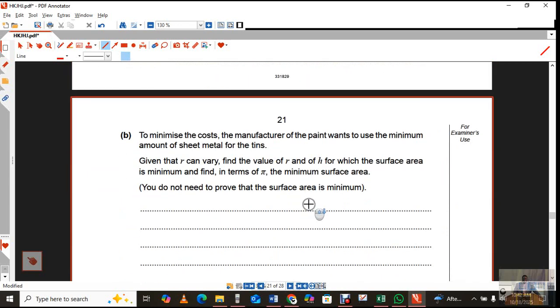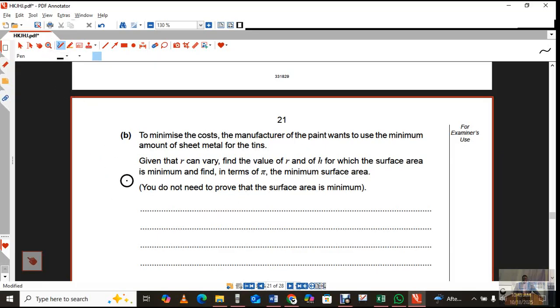Then they say to minimize the cost. When you come across words like minimization, you will definitely deal with a derivative. The manufacturer of the paint wants to use the minimum amount of sheet metal for the tins. Then, given that r can vary, find the value of r and h for which the surface area is the minimum.